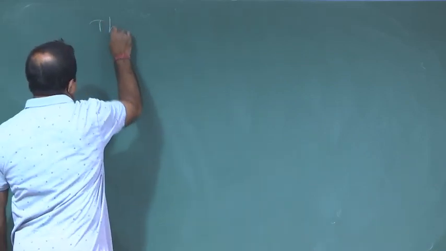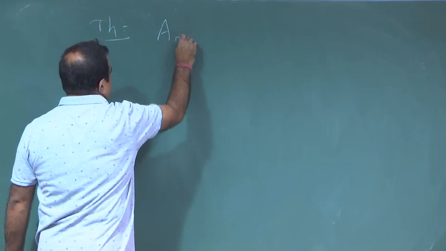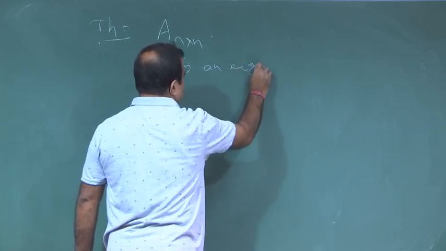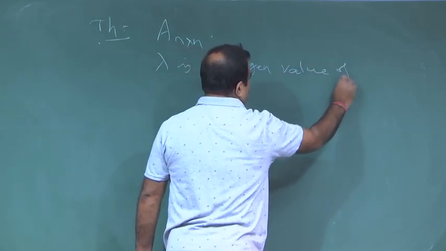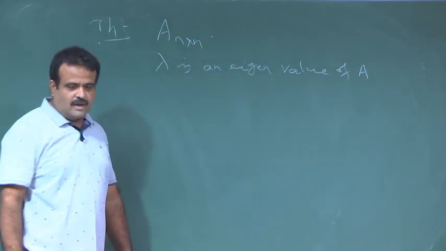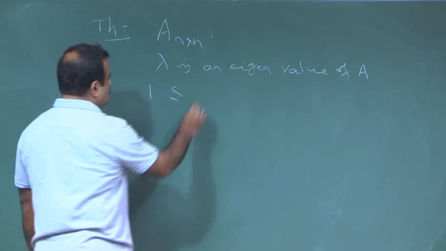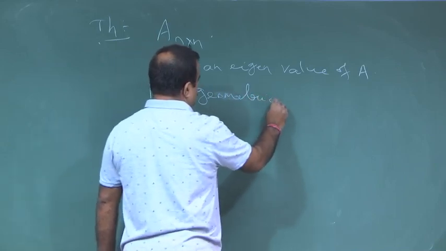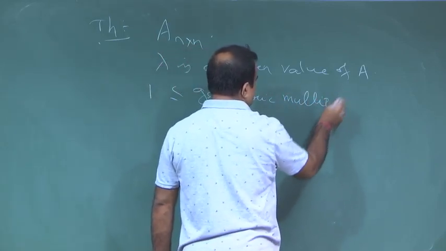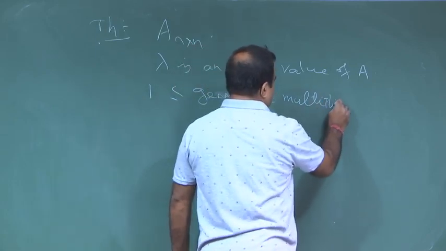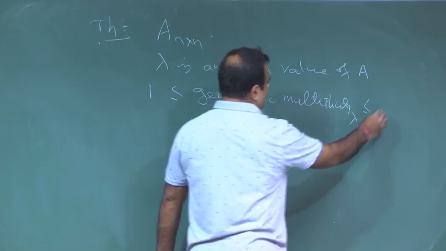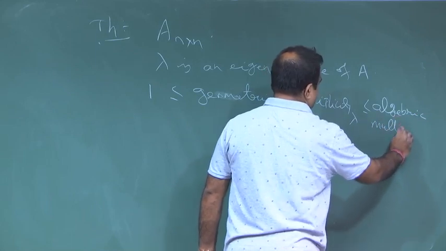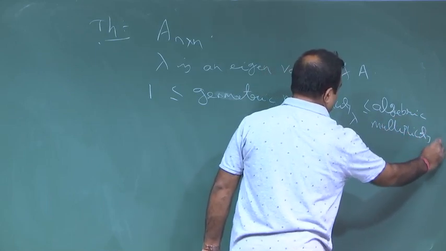So, this theorem is telling, suppose A is an n by n matrix and lambda is any eigenvalue of A, then we have this result: 1 is less than or equal to the geometric multiplicity of lambda, which is less than or equal to the algebraic multiplicity of lambda.